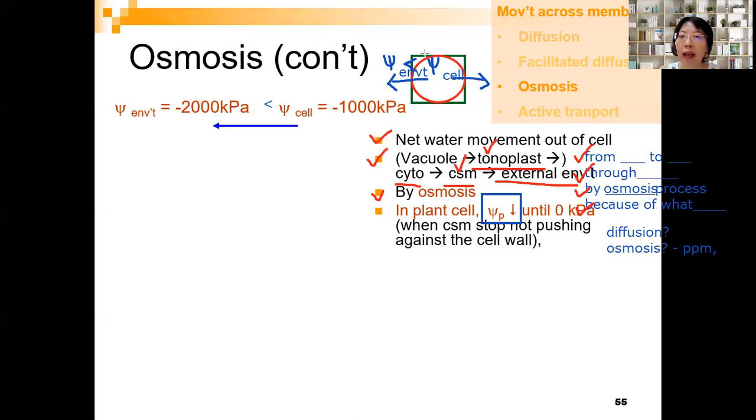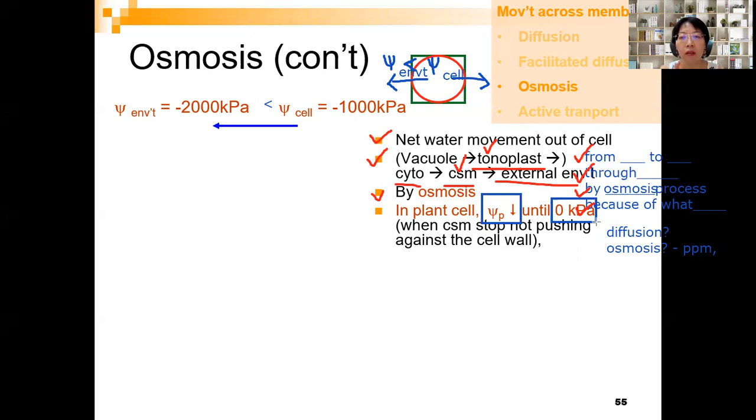So therefore, the psi p will become less and less until one point where it's no longer pressing against the wall. At that point, the membrane of the cell is only touching the wall. It's not pushing, it's not pulling. So at that time, the psi p is considered as 0 kilopascal.